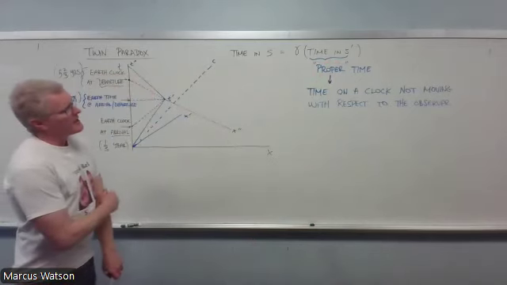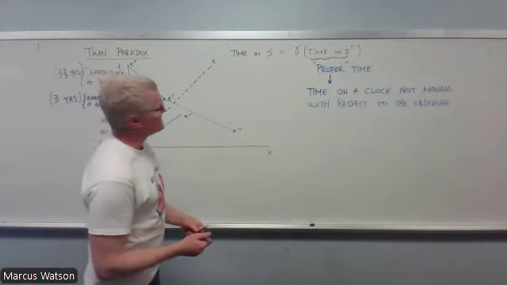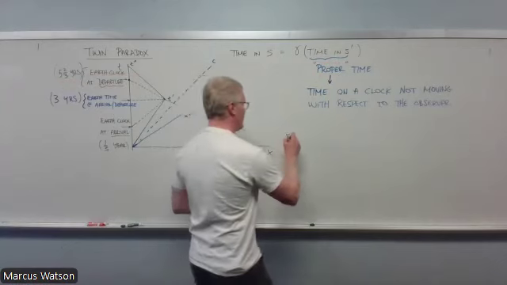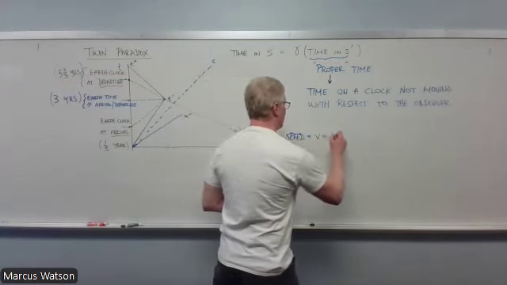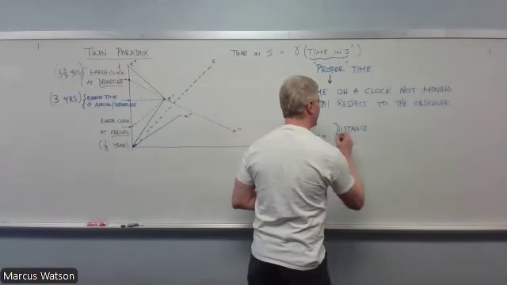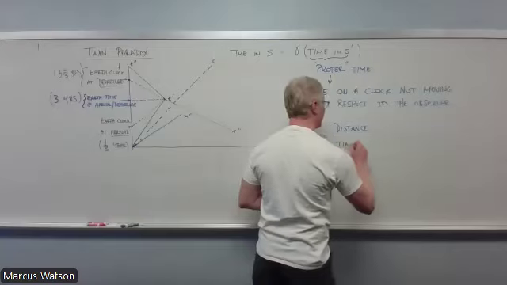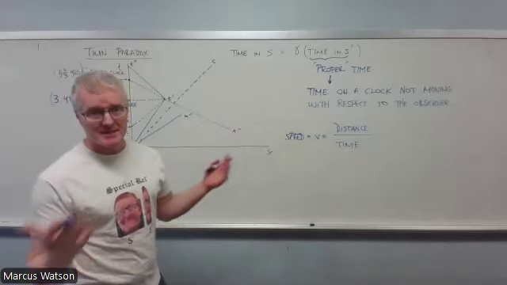Okay. Let's do this then. Let's talk about speeds. So if we have a speed, typically what we would do for a speed, and remember this is special relativity, which means we're talking about things that are moving at constant speed. We would typically think of a speed as a distance over time.